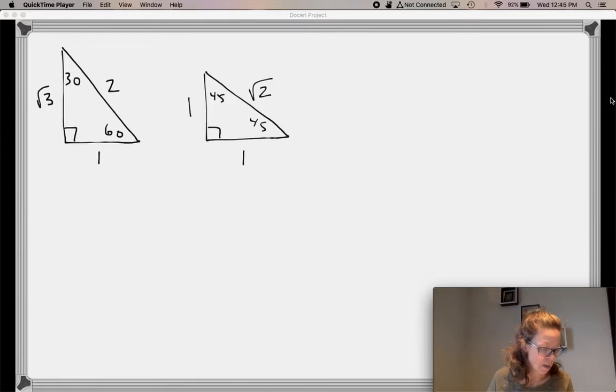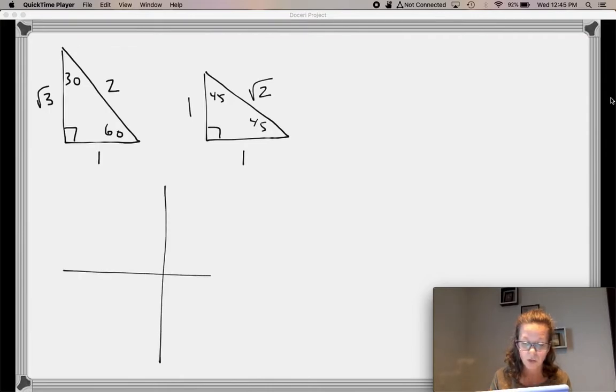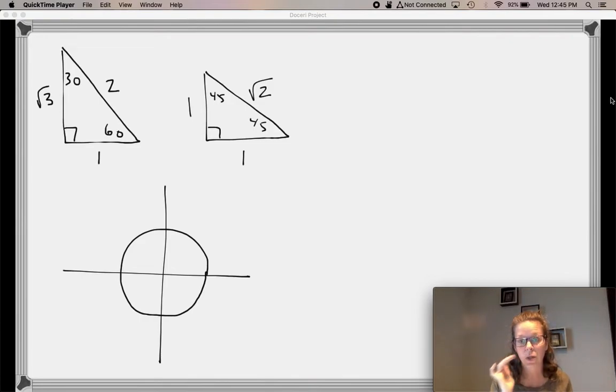Then something else you need to know is what we call our unit circle. It is called the unit circle because we're going to say it has a radius of 1. If the radius length is 1, then this point over here would be located at 1, 0.